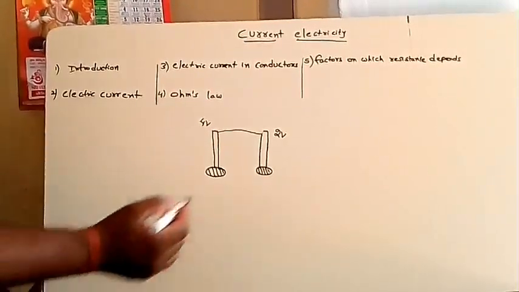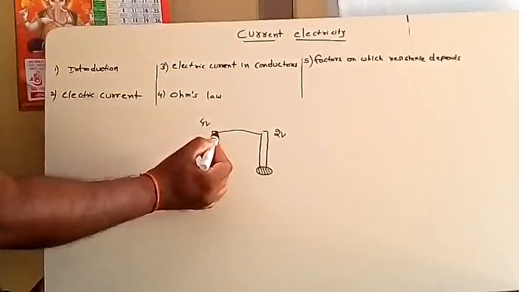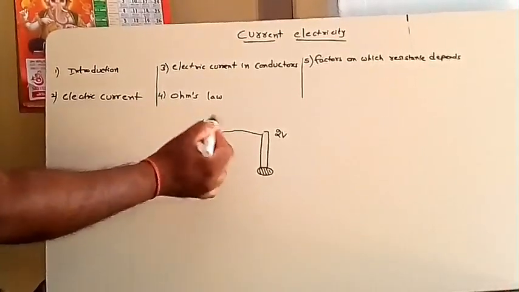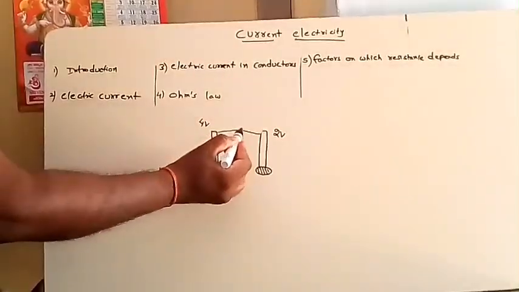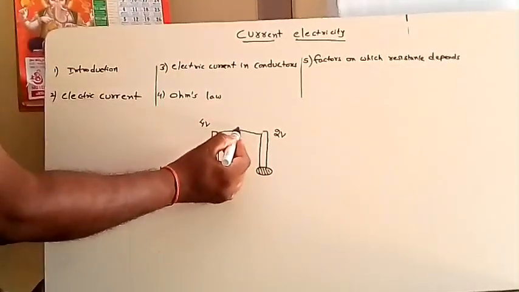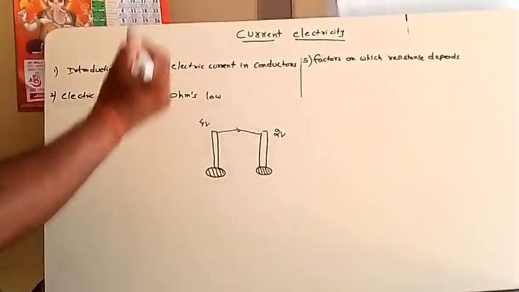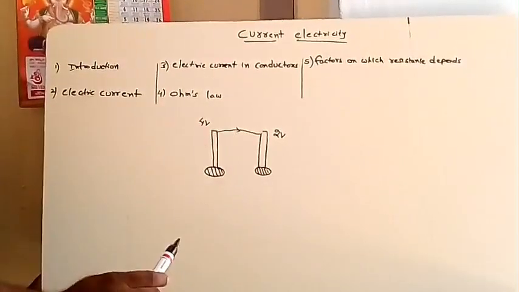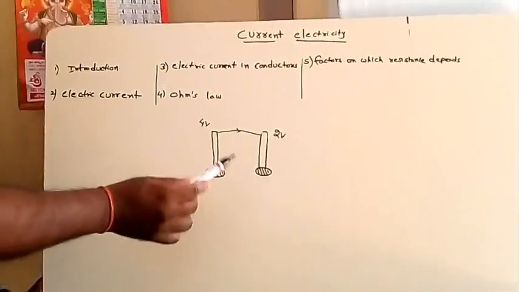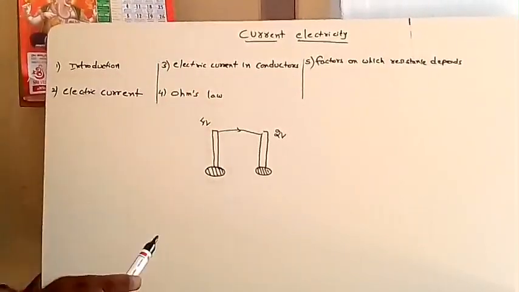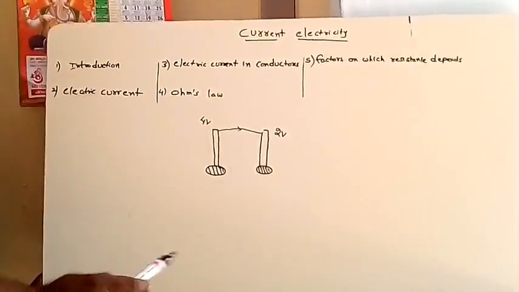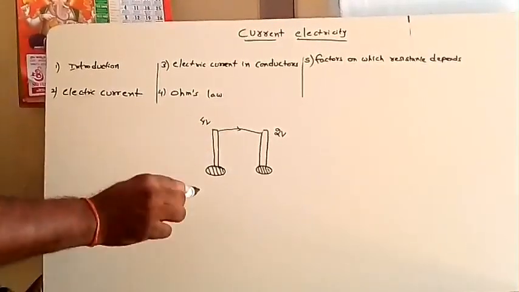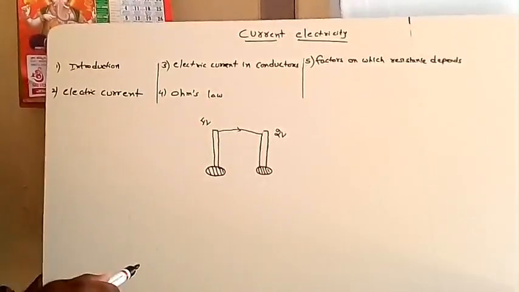In this condition, the charges flow from the first body, where the potential is higher, to the second body, because there is a potential difference between the first body and the second body. This potential difference causes charges to flow from the high potential body to the low potential body.